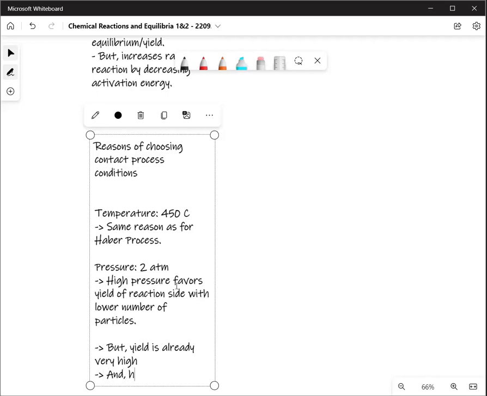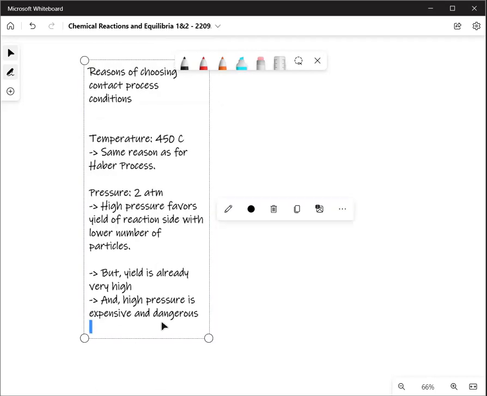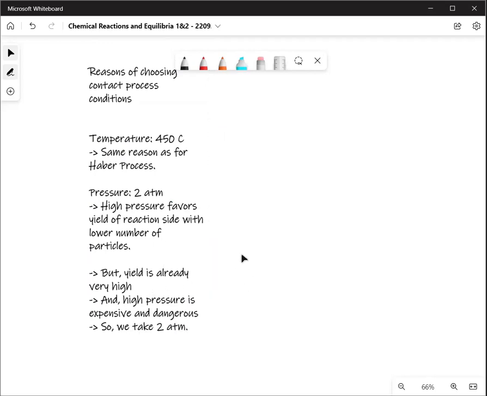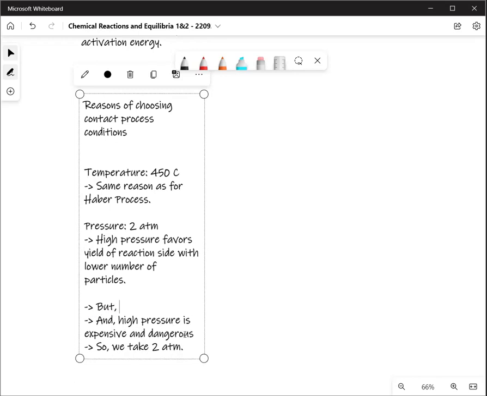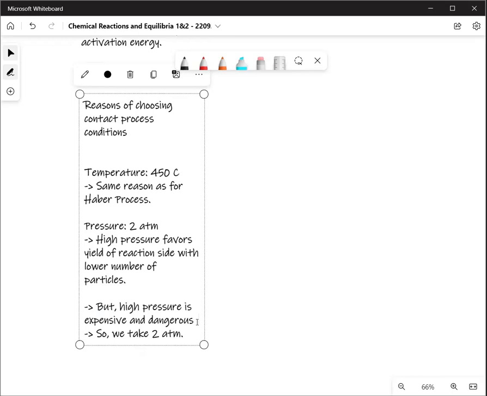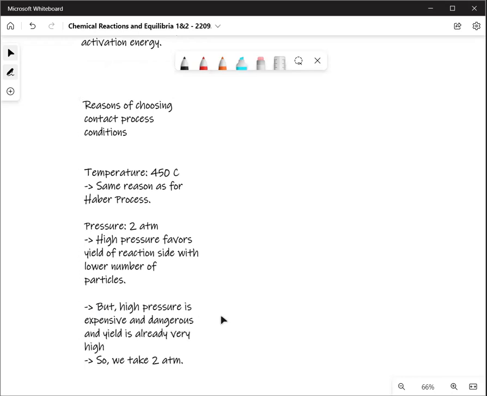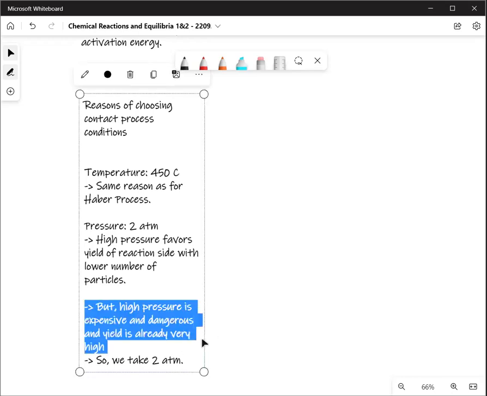And high pressure is expensive and dangerous. So we take 2 atm. Now finish writing this, tell me when you're done.